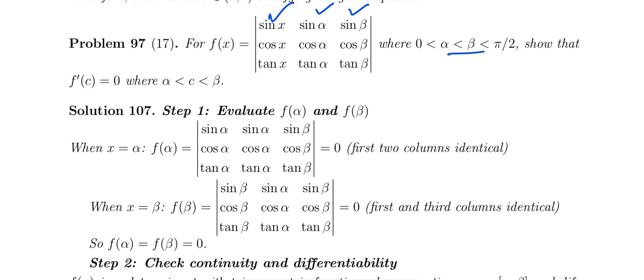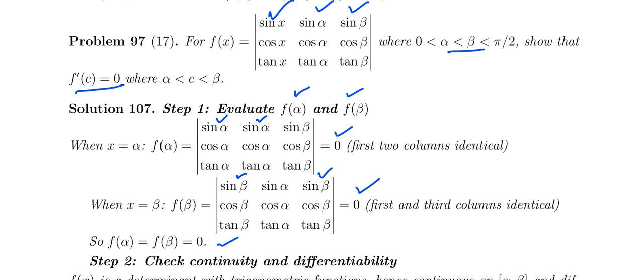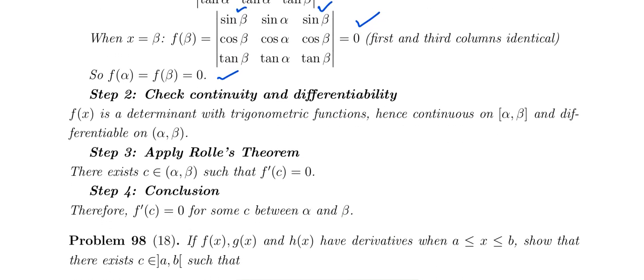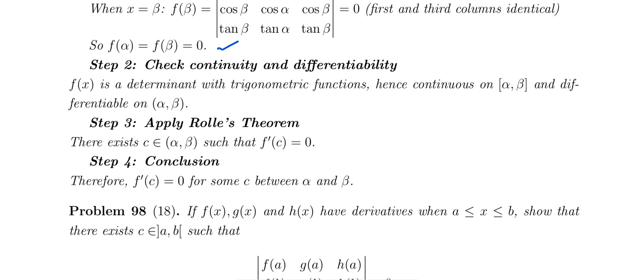Alpha, beta both lie between 0 and pi by 2. f dash of c equal to 0 where c lies between alpha and beta. When x equals alpha, the first and second columns are the same, and if two columns in a determinant are the same, the determinant value is 0. Similarly, when x equals beta, the first and third columns are the same, so the determinant value is 0. So f of alpha equals f of beta equals 0. Then f of x is a determinant of trigonometric functions, which is continuous and differentiable in the open interval alpha comma beta.